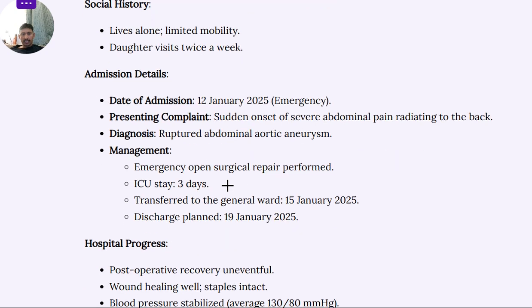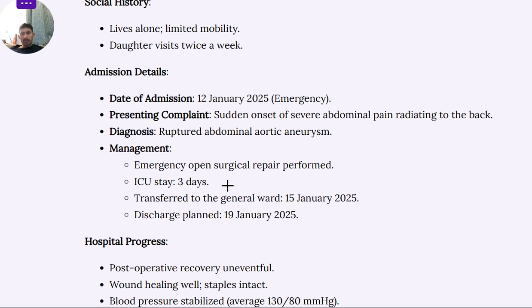Admission details: date of admission is 12th January 2025, as an emergency. Presenting complaint on admission: sudden onset of severe abdominal pain radiating to the back.